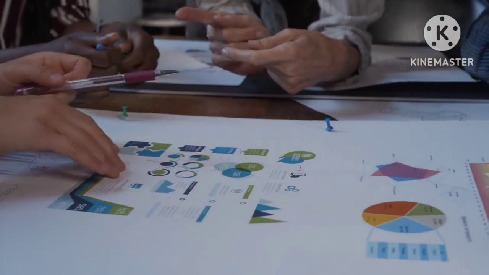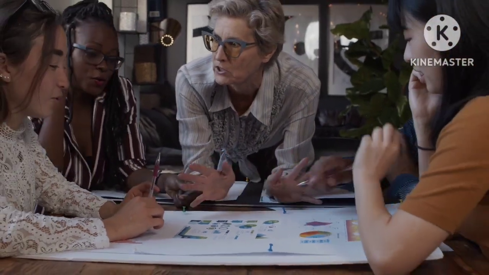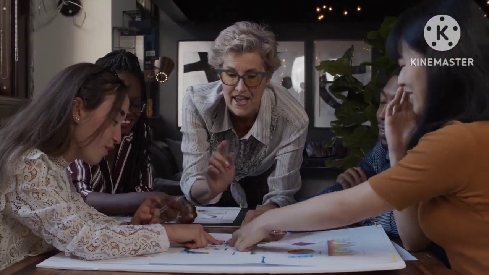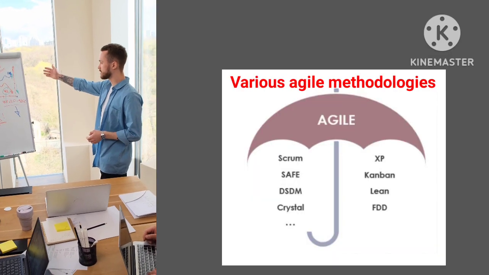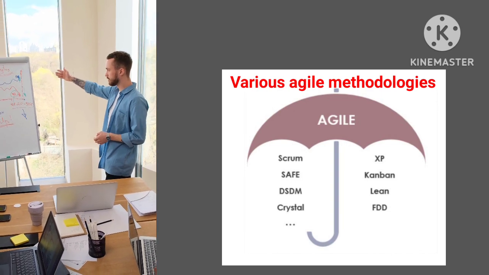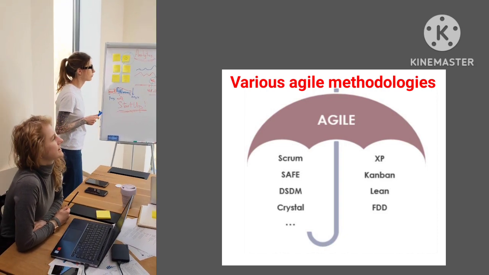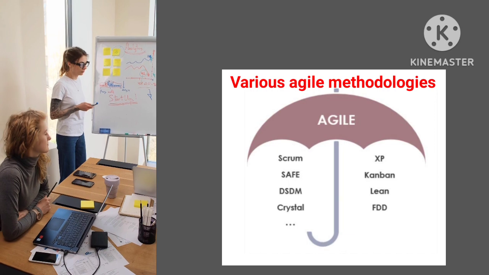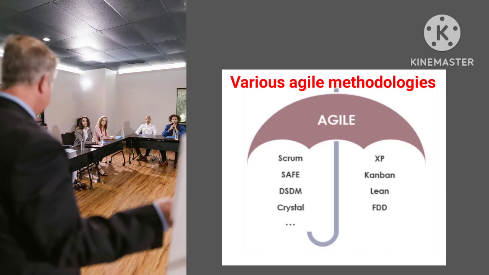We'll cover in which scenarios Agile is suitable and why, because during implementation we have various methodologies like the waterfall model and the Agile model. So why are we going to choose Agile, and during execution what types of problems will occur and how to resolve them, we are going to see step by step.